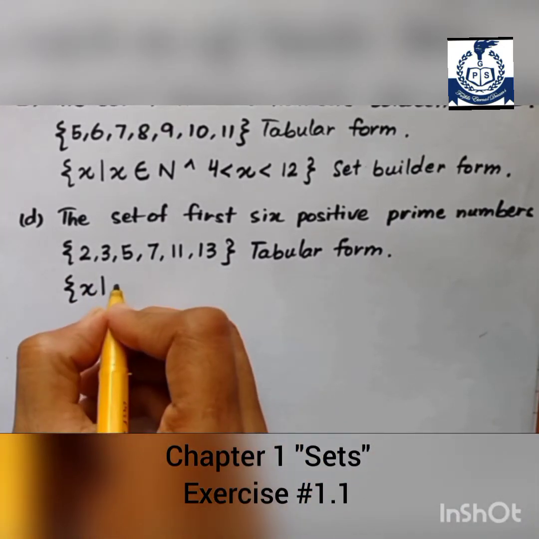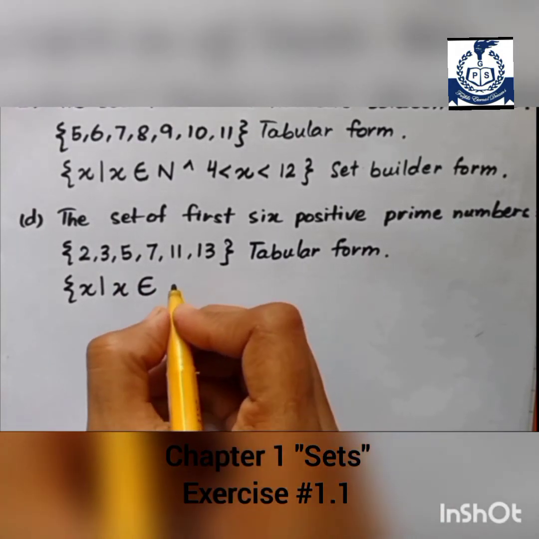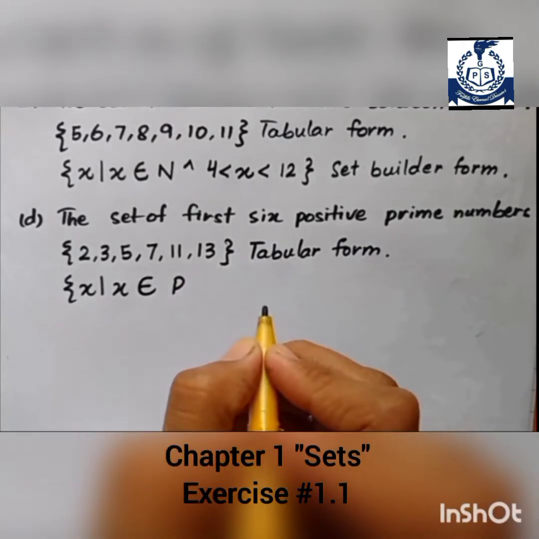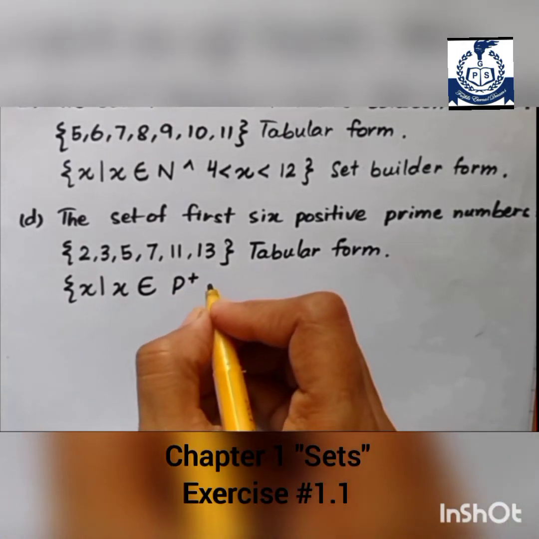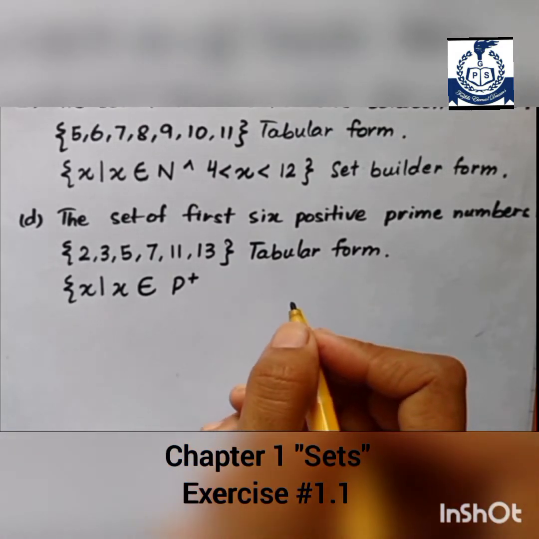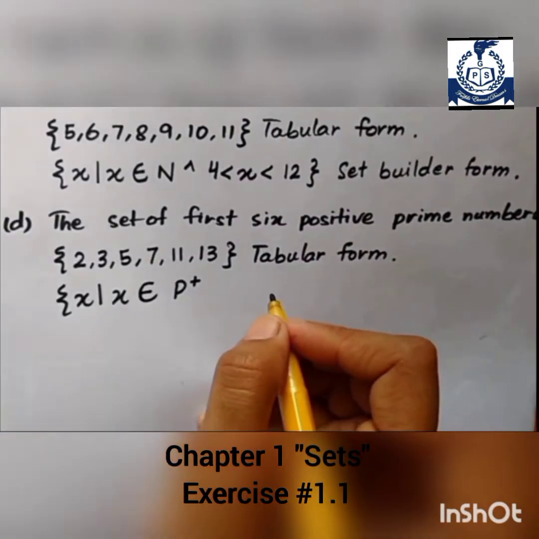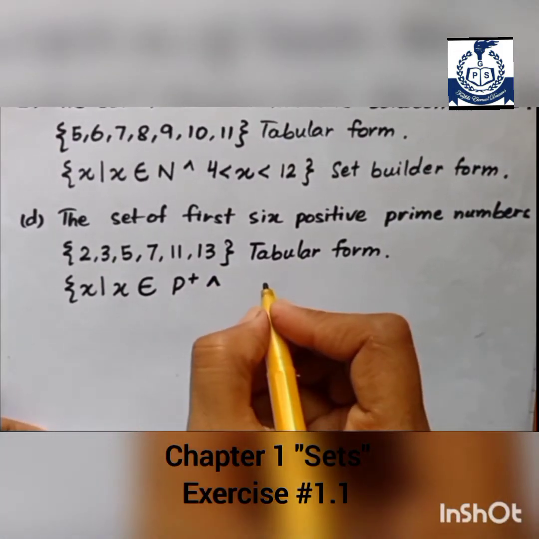X such that X belongs to P, because we have prime numbers, so we write P, and we write a plus sign because we have positive prime numbers, and we have a condition: first 6 positive prime numbers.